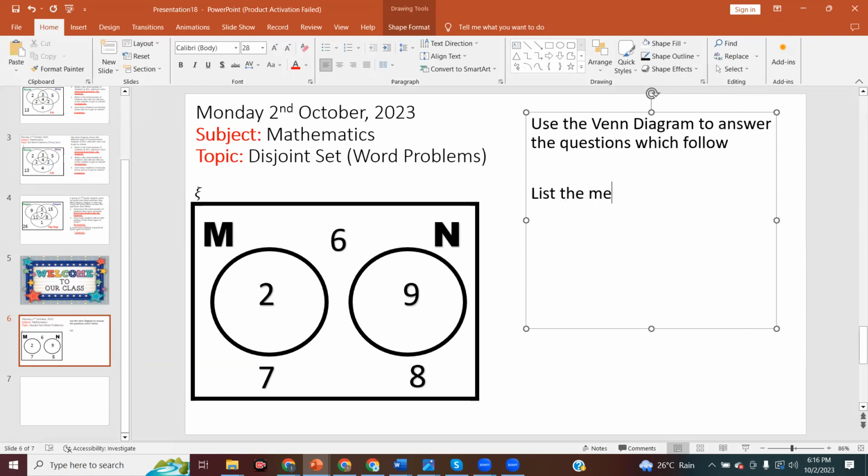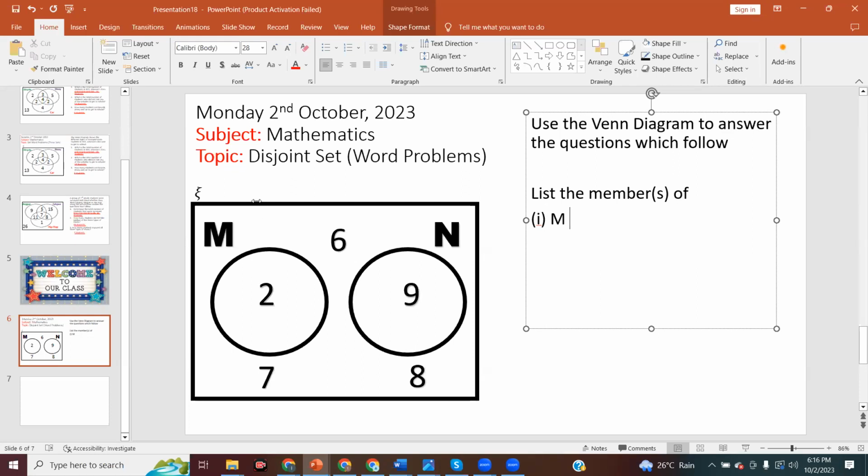List the members of set M. I want you all to put your answer inside the chat for me, please. The question says list the members of set M.